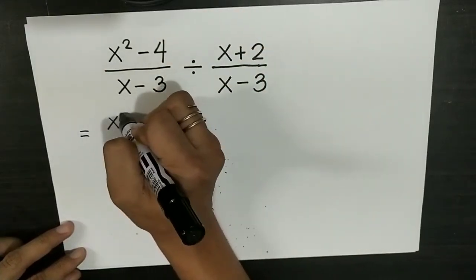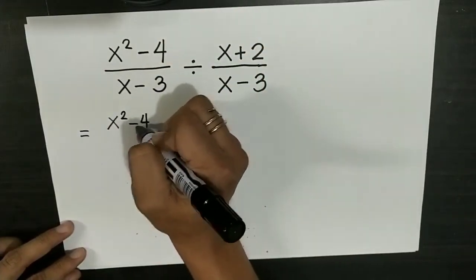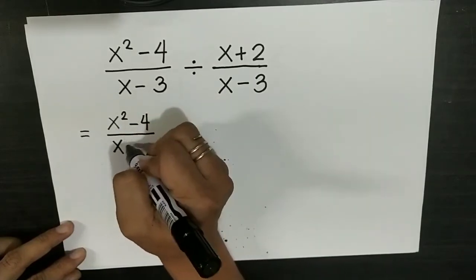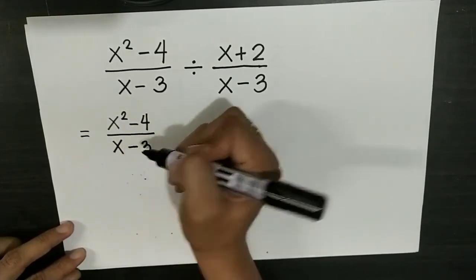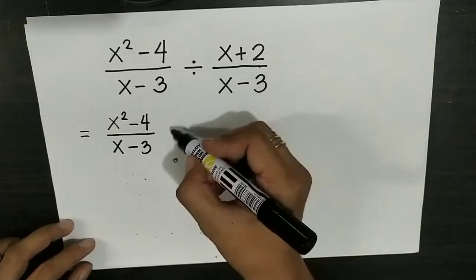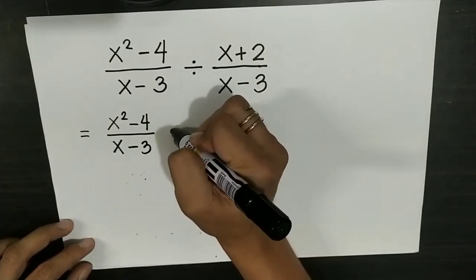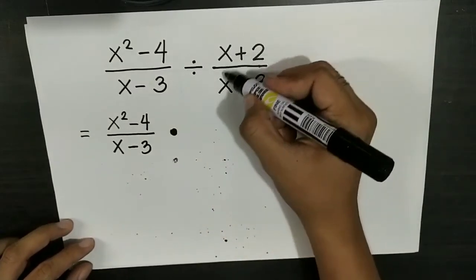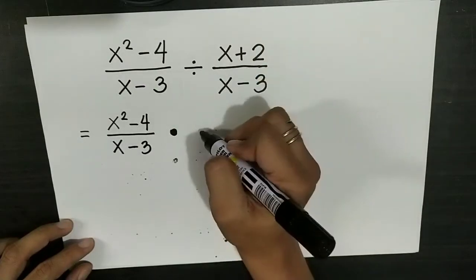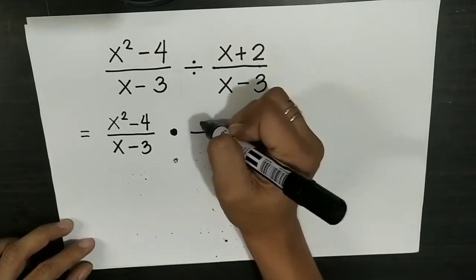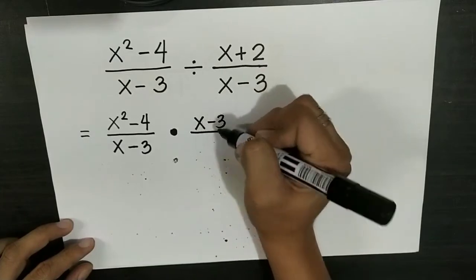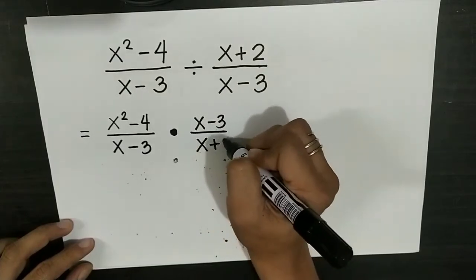We have x squared minus 4, then x minus 3. Then we will proceed to multiplication if we will reciprocate this one. And the reciprocal of that is x minus 3 over x plus 2.